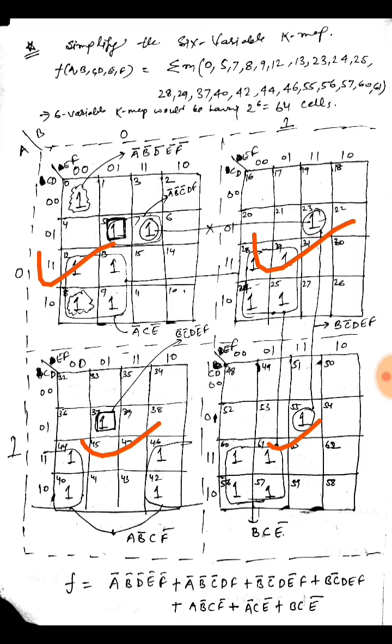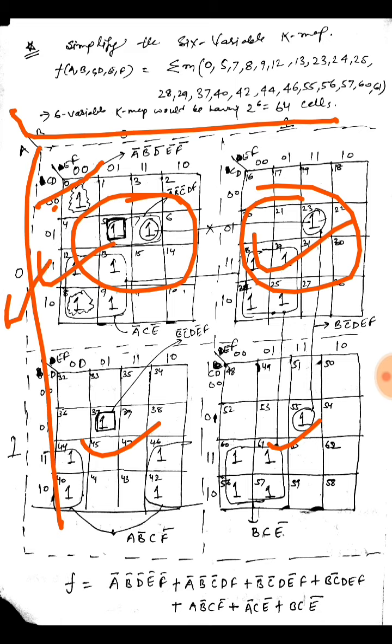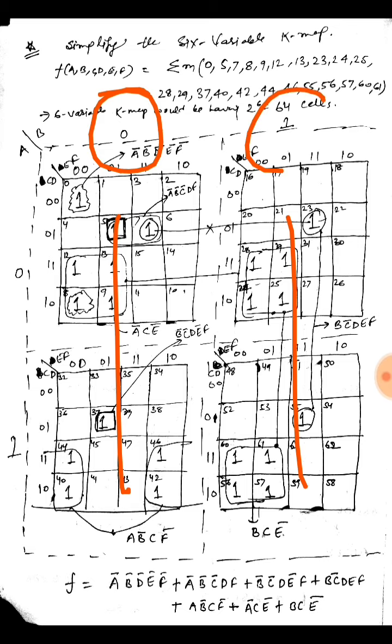As you can see, these 4 K-maps represent variables C, D, E, F, and the remaining 2 variables I have represented over there. For these 2 K-maps, A is 0, and A is 1 for these other 2 K-maps. Similarly, for these 2 K-maps, B is 0, and for these 2 K-maps, B is 1.